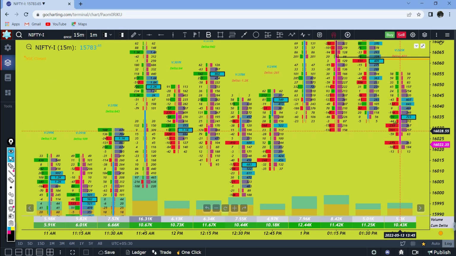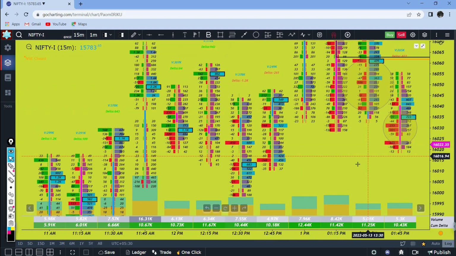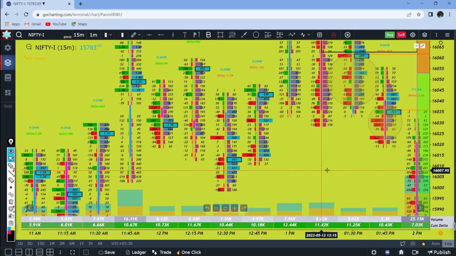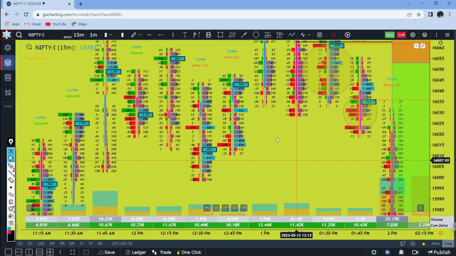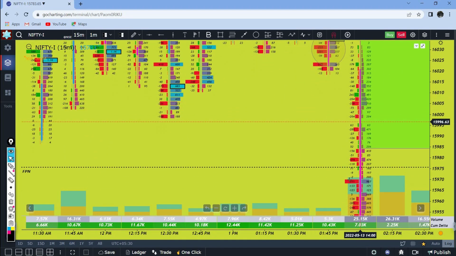So we don't want these sellers to be in the water. If they're in the water, they're going to move out of the positions probably, and then we might auction higher, and we have a gap above us to be filled. Anyway, so what we see, it opens here, and this is what we wanted to see.